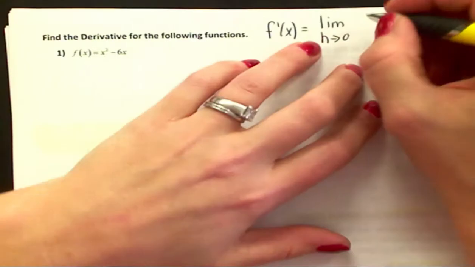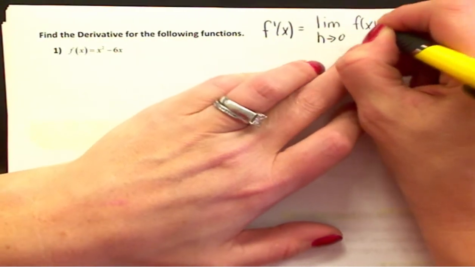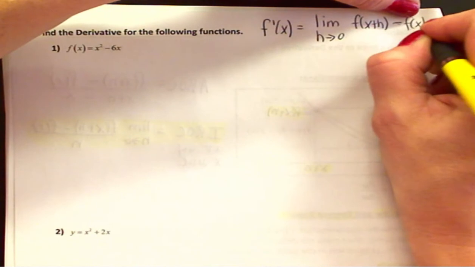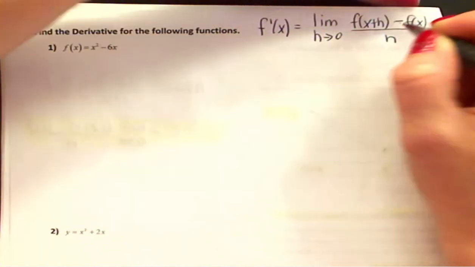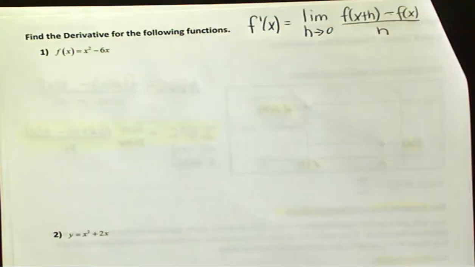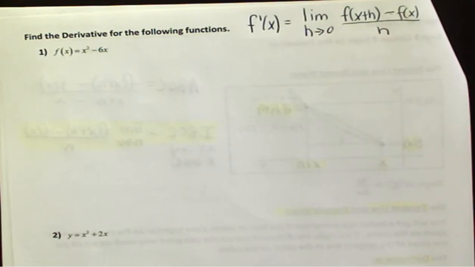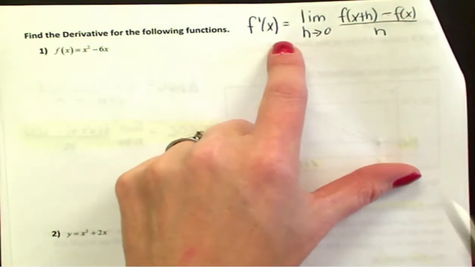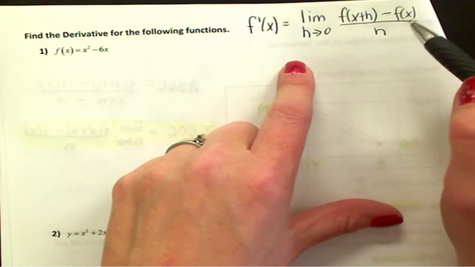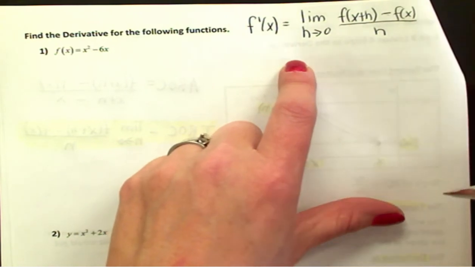F of x plus h minus f of x over h. That's my definition. Notice instead of saying IROC, I wrote f prime. F prime of x equals the limit of f of x plus h minus f of x over h.